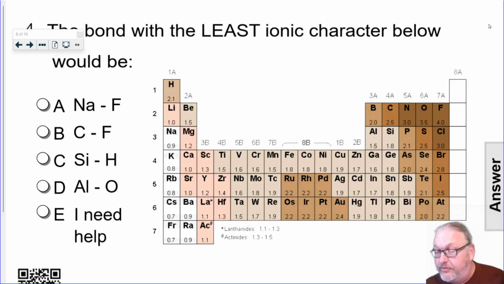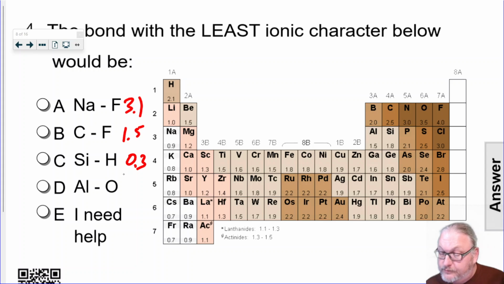The bond with the least ionic character would be the one with the least electronegativity difference. We've got sodium and fluorine, that's a 3.1. That's pretty ionic. Carbon and fluorine, 2.5 and 4, that's a 1.5. It's covalent, but I don't know how much. Silicon and hydrogen, 1.8, that's a 0.3.